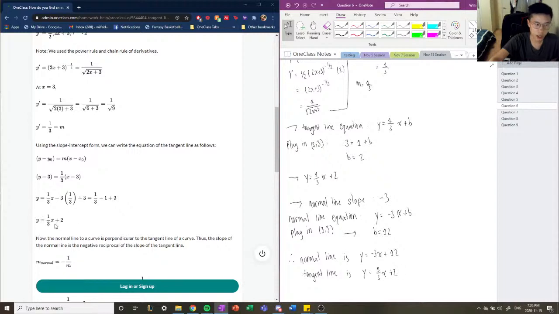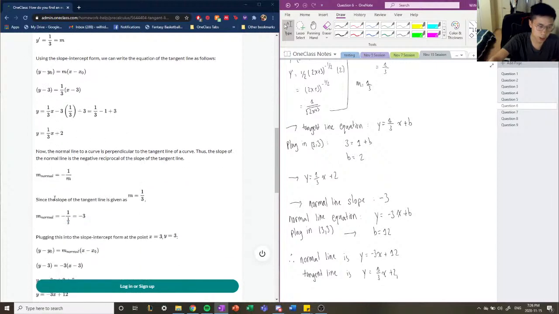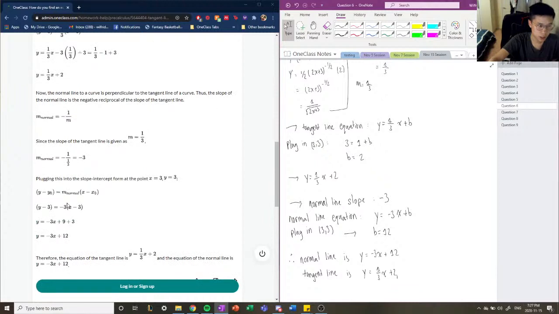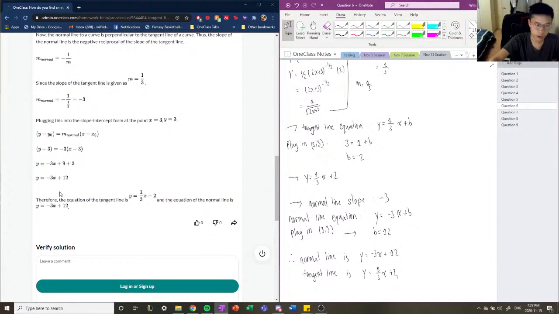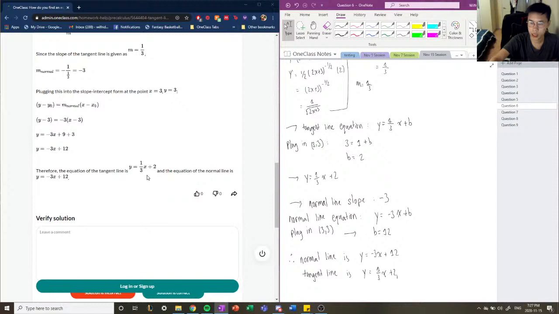So they didn't solve for a y-intercept per se, but they used the slope-intercept form to find the line equation for the tangent line. They realized that the slope of the normal line at (3, 3) is going to be the negative reciprocal of the slope of the tangent line, so that would be equal to negative 3. They plugged it in using the slope-intercept form to find the line equation of the normal line, and they stated their line equations here. Okay, so the solution is correct.